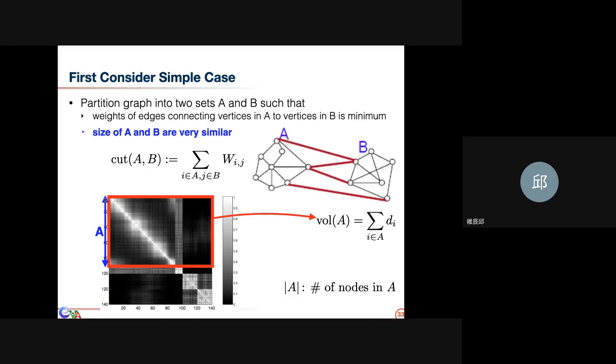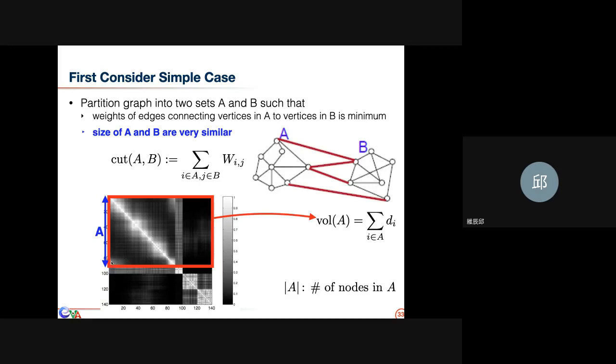Let's assume this portion is related to the data points of group A, or set A. If you want to compute the volume, you first need to obtain the degree of all the data points in the set A. How to compute the degree?